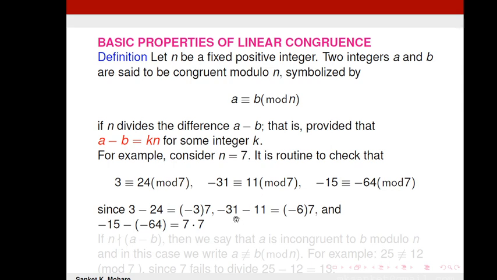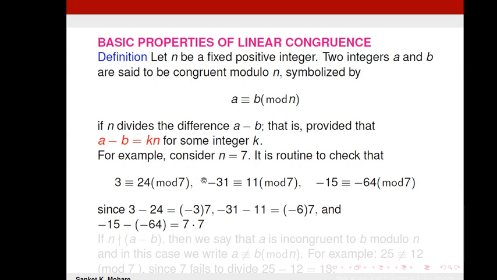We write this difference as minus 31 minus 11 is equal to minus 6 into 7, for k equal to minus 6. Also, minus 15 and minus 64: for a is minus 15 and b is minus 64, the difference is 49 and 7 divides 49. That's why minus 15 is congruent to minus 64 mod 7, and it can be written in this form: minus 15 minus minus 64 is equal to 7 into 7, where the value of k is 7.